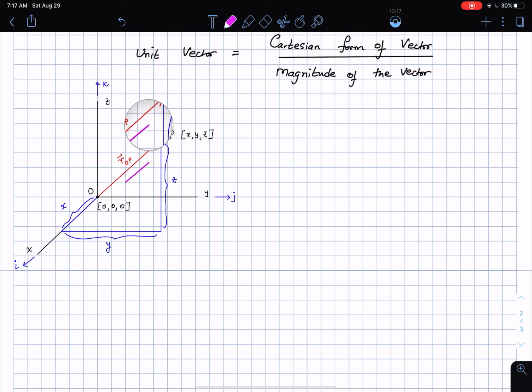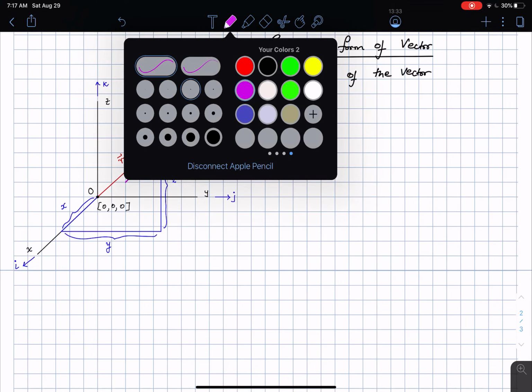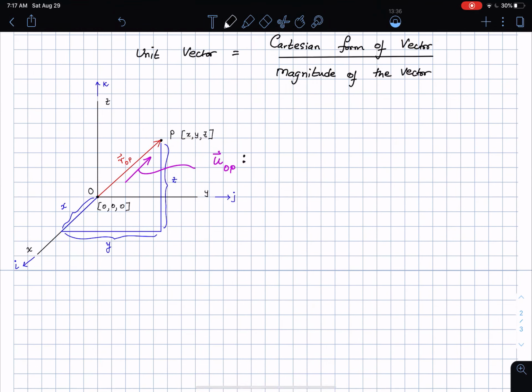That's the direction of ROP, right? I'm just drawing something that is parallel to the direction of ROP, so that is completely fine. I'm going to call that U suffix OP, UOP, and you can see that this is the unit vector along ROP. Unit vector is typically written as U. I hope my U makes sense to everybody.